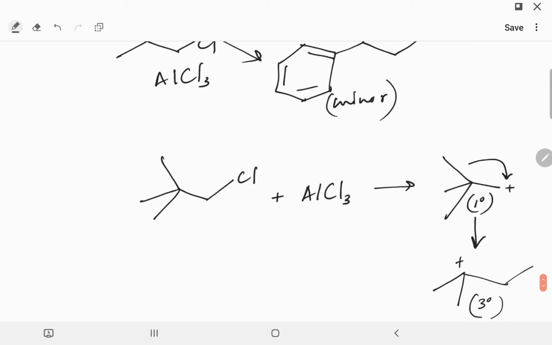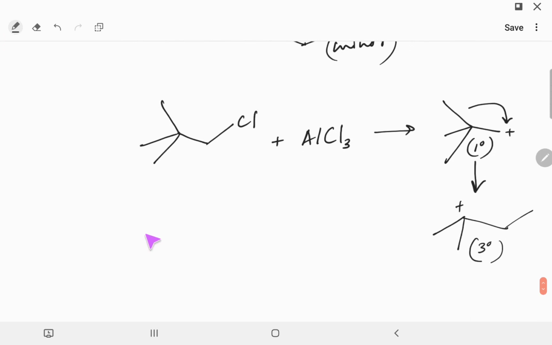So whenever you are doing Friedel-Crafts alkylations, always take a look at the electrophilic carbocation, and if it is a primary one, see if you could get a better or more stable carbocation by rearranging it using either hydride shift or alkyl shift.